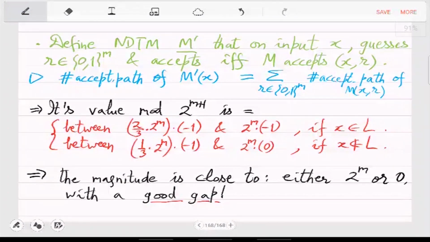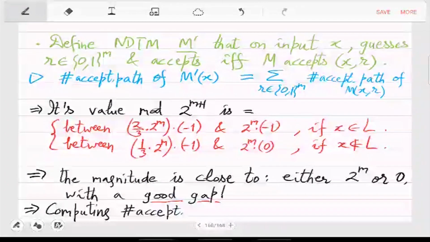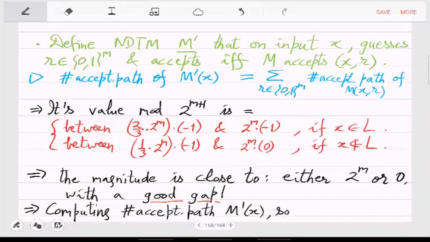Which means that computing the number of accepting paths of M prime on x solves L, in P to the sharp P. And L was any problem in PH.